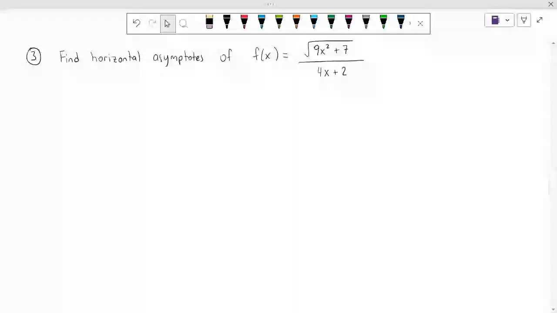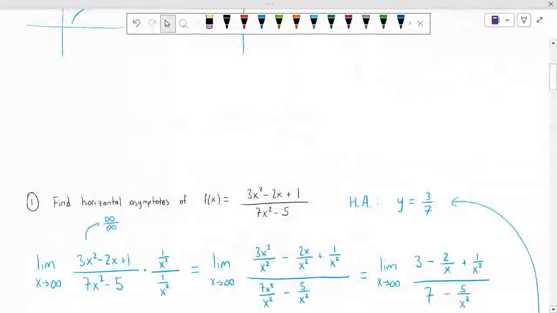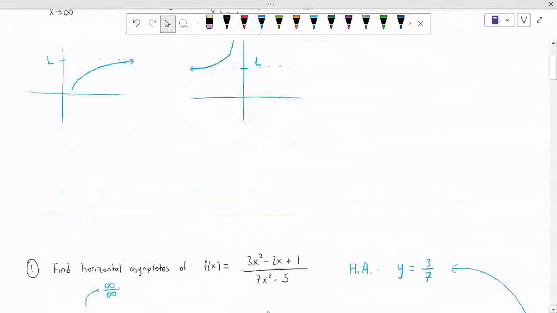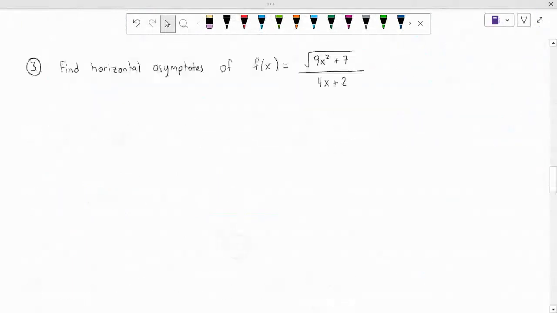To find the horizontal asymptotes, again, what I want to do is look at the limit as x approaches infinity, as well as the limit as x approaches negative infinity. I'm going to look at this example in particular for that. I'm going to start with the limit as x approaches positive infinity.